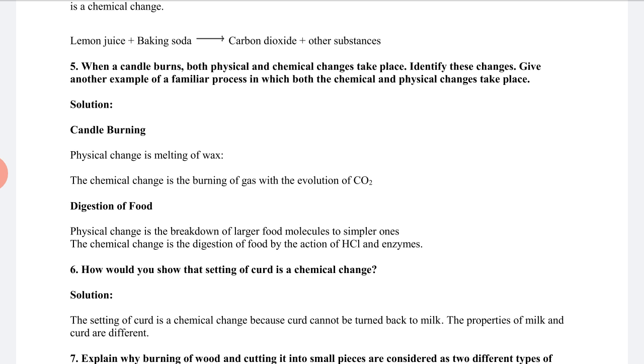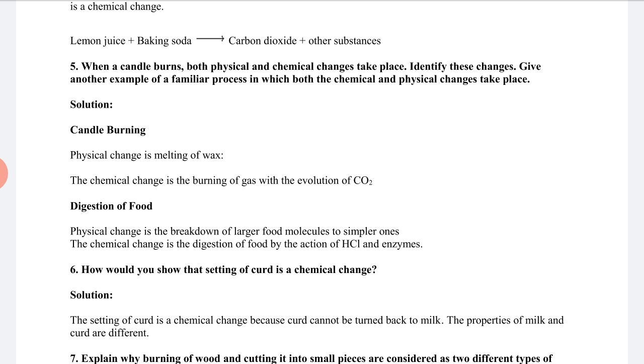In the burning of a candle, two changes occur. First we see the physical change: the melting of wax. Another, the chemical change: the burning and evolution of CO2 gas. CO2 means carbon dioxide gas is evolved in the surrounding air.